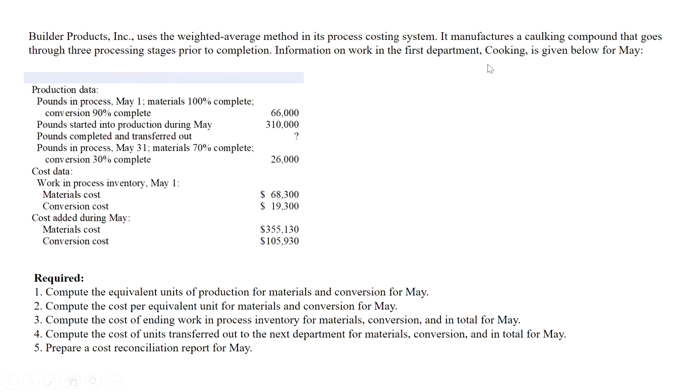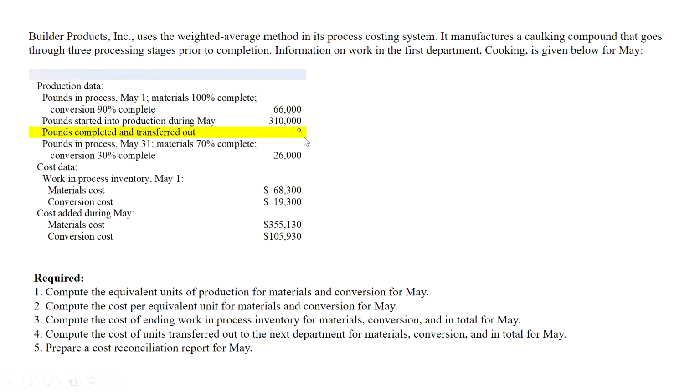We're going to focus on the month of May. Now, in our table here, we've got information at the top that covers the amount of units or pounds of this caulking material. So we've got beginning work in process inventory, which is just the incomplete units as of May 1st, is 66,000 pounds. How many new pounds were added into the process during May, which is 310,000.